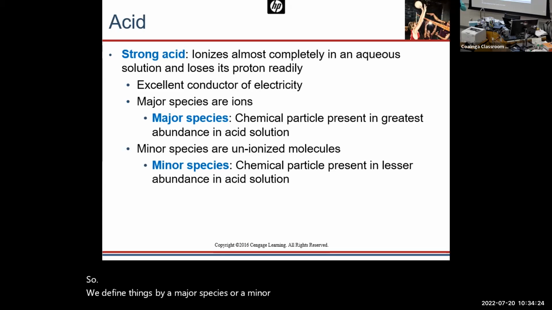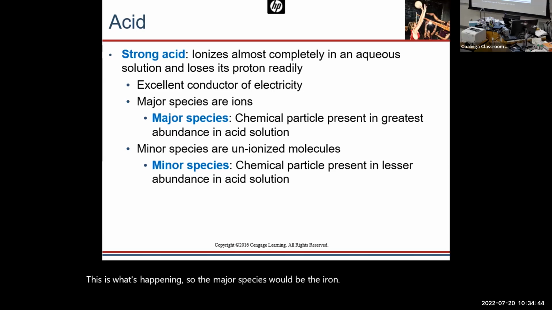Major species, in the case of a strong acid, this is what's happening. The major species would be the ions. That means that when they're together, this is the minor species.